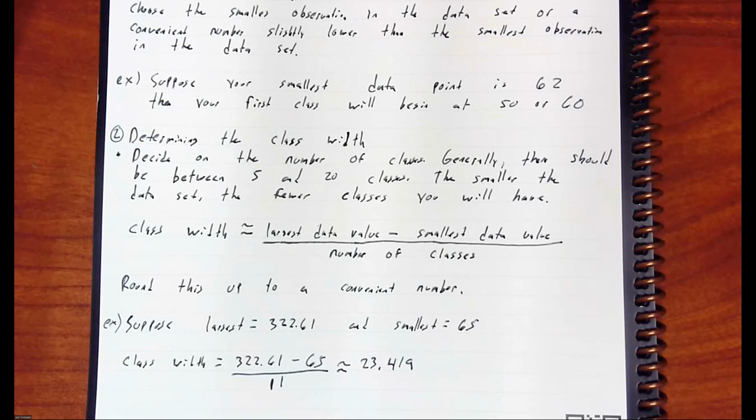Okay, let's see. I think there might be one or two more things. We just leave it as is and round it up to 0.42. Round to 0.419. Usually, if you have two decimal points, you want to round the one after.